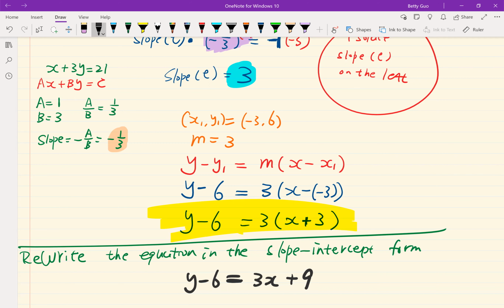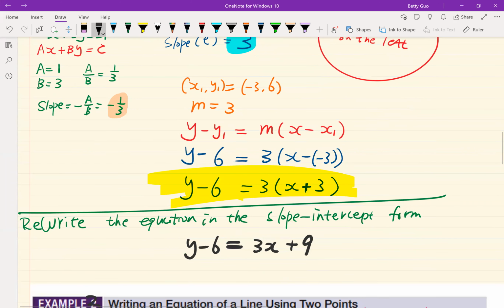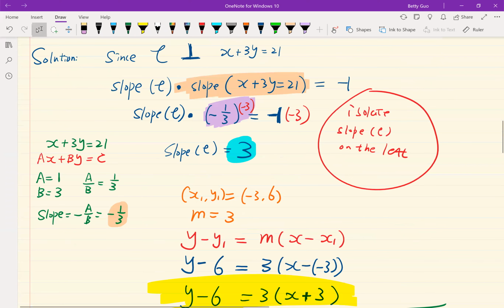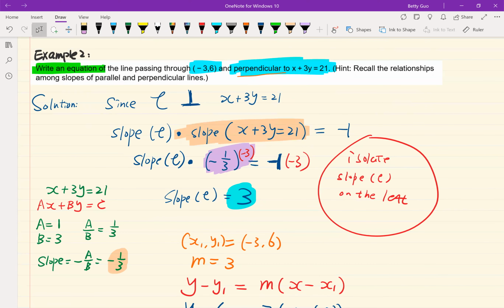You have a positive 9. And then you add 6 to both sides. You end up with y equals 3x plus 15. That's the slope-intercept form of the line we're looking for. Any question about this problem? Very similar, but different, right?